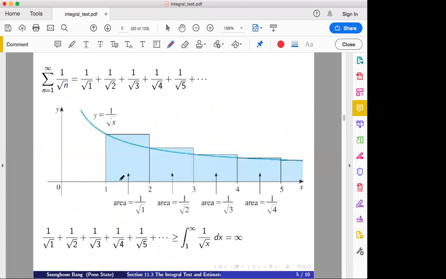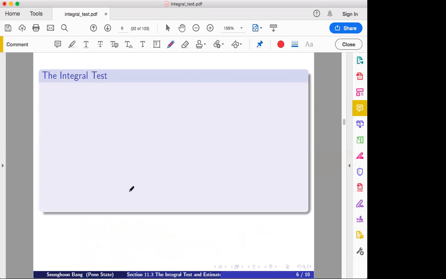I will now summarize. What is the integral test? Suppose f is continuous, positive, and decreasing on the interval 1 to infinity, and a_n is f of n.